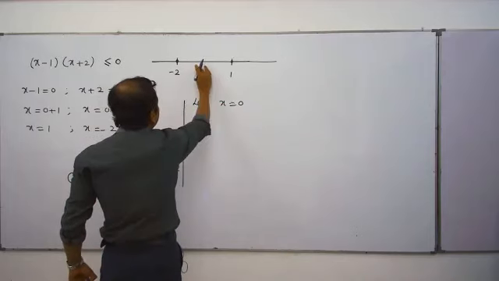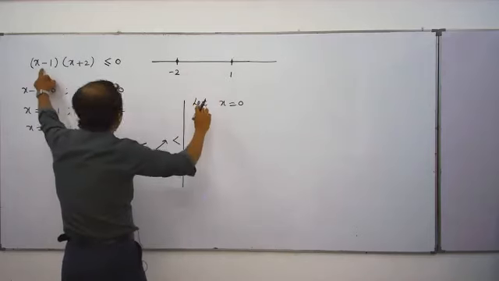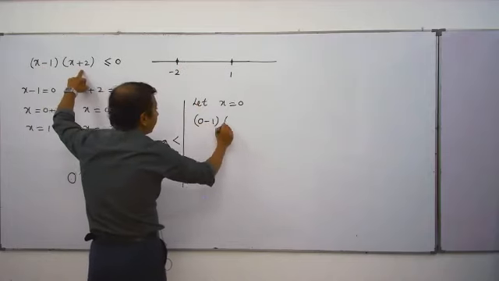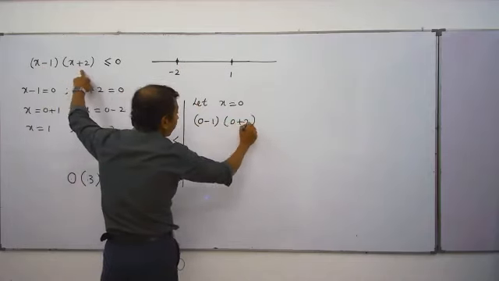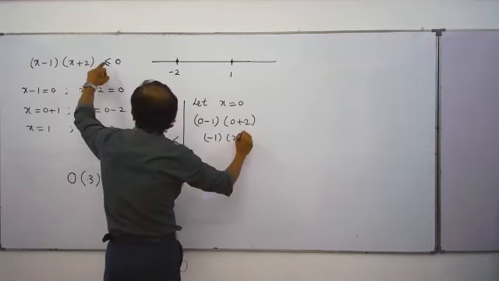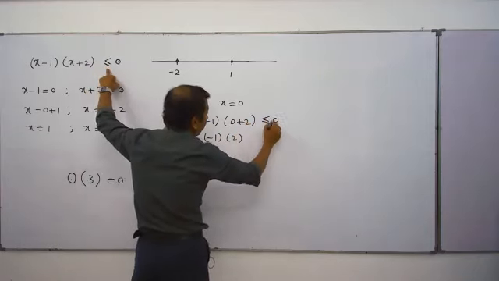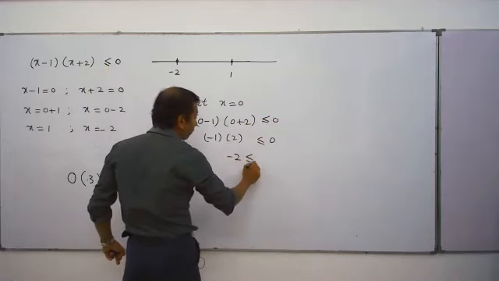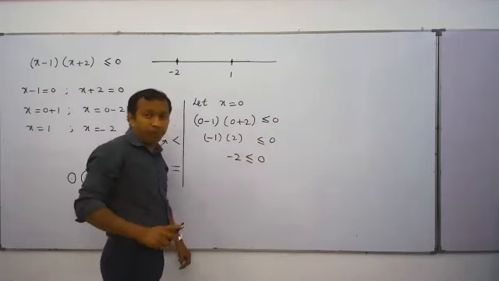That 0 is in this interval. I put 0 here: 0 minus 1, 0 plus 2. What is here? This is minus 1, this is 2. Then here we have the sign less than or equal to 0. Here we get minus 2, less than or equal to 0. Now we have to check whether this is true.